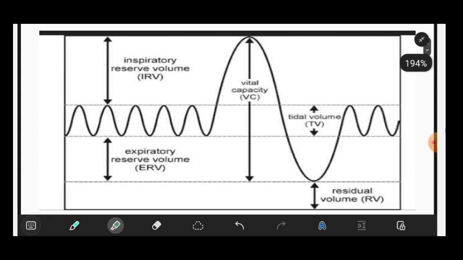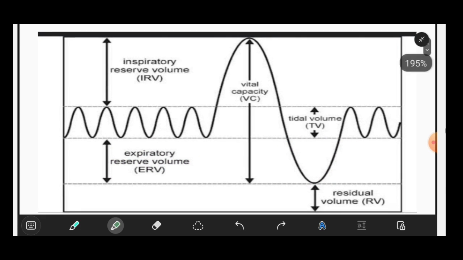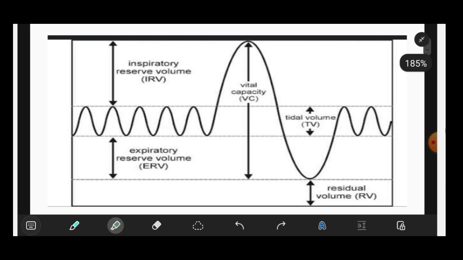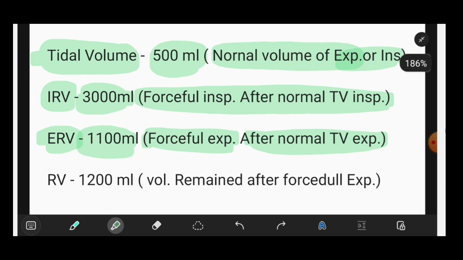In this graph you can see here it is the expiratory reserve volume. Only this portion of the graph is expiratory reserve volume. So guys, you have to mug up spirometry and the different volumes and their values.